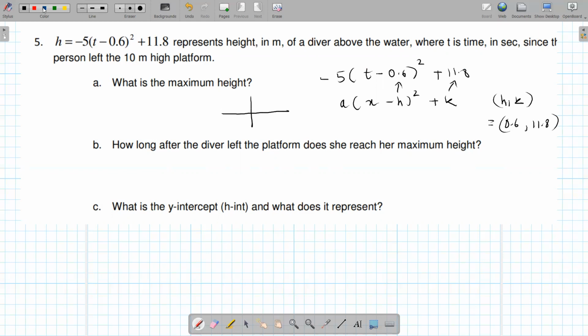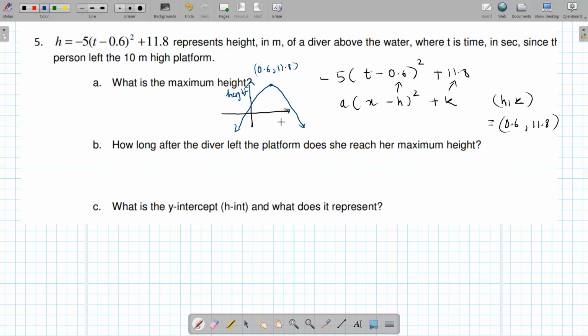The graph looks like this. And I don't know where the x-intercepts are, but like this. And this point right here is our vertex. (h, k) is always the vertex. That is (0.6, 11.8). On the y-axis, we have height in meters.